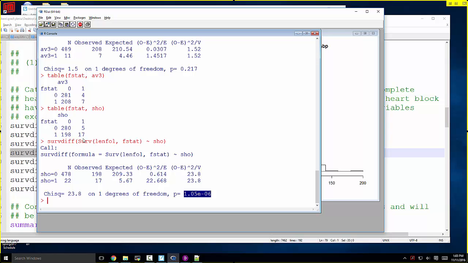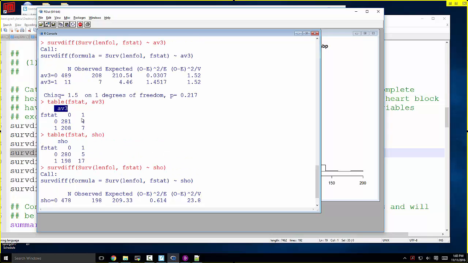So I recall from trying to fit this model in previous semesters that adding these covariates that have so few levels of 1 created computational issues with fitting the model. So I'm going to remove these from consideration. AV3, there's really no reason not to. Doesn't look like it explains much, and there's really not any information about it, period.